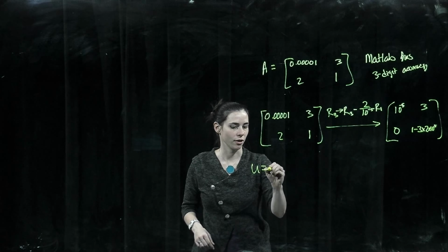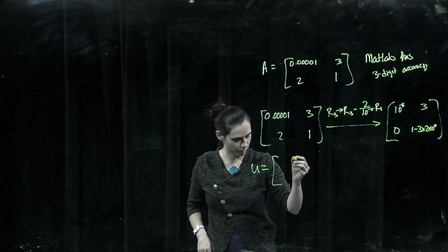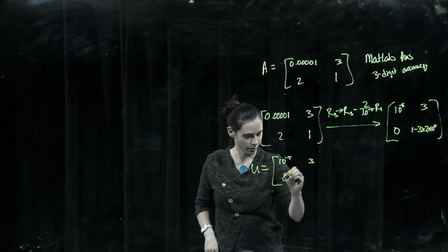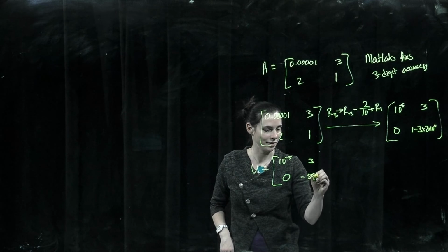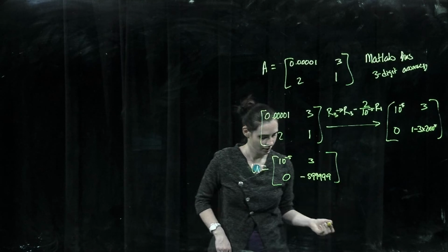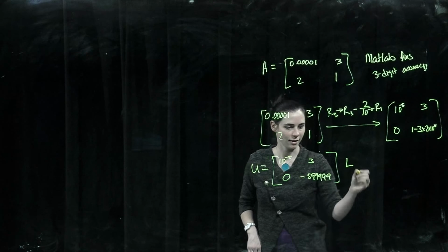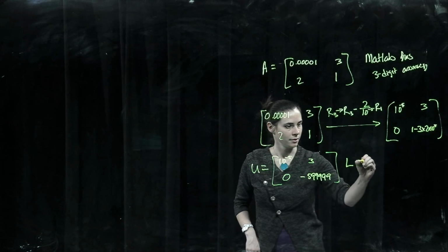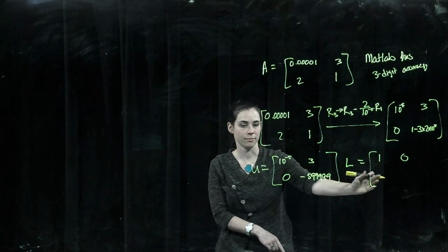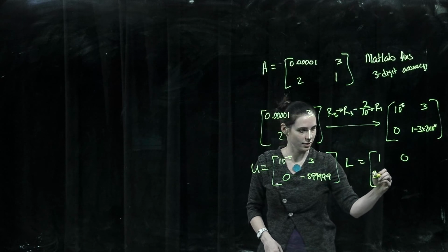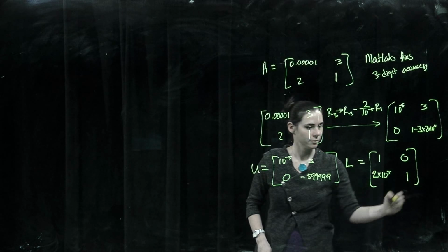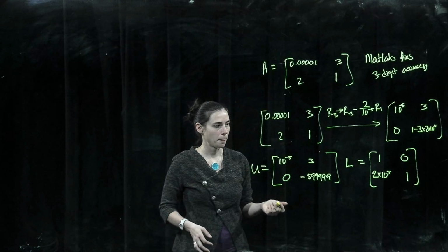So we have U equal to 10 to the negative 5th, 3, 0, and negative 5, 9, 9, 9, 9, 9, whereas L is equal to 1, 0, that factor that we calculated, so that's 2 times 10 to the 5th, 1. Our factor or our multiplier.